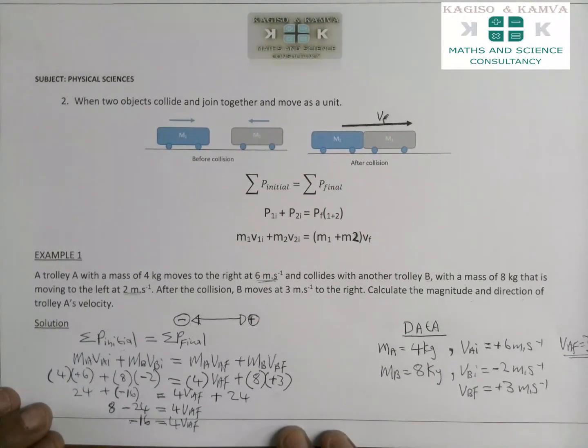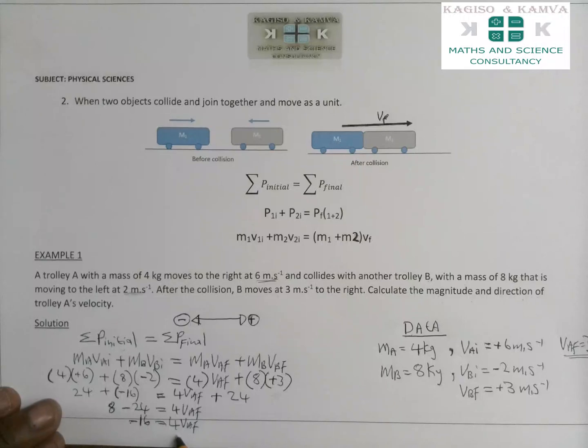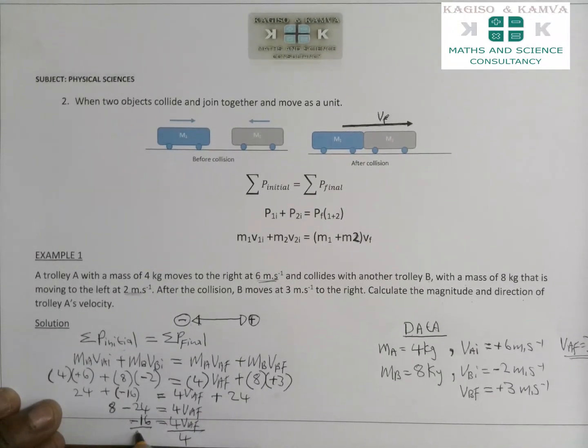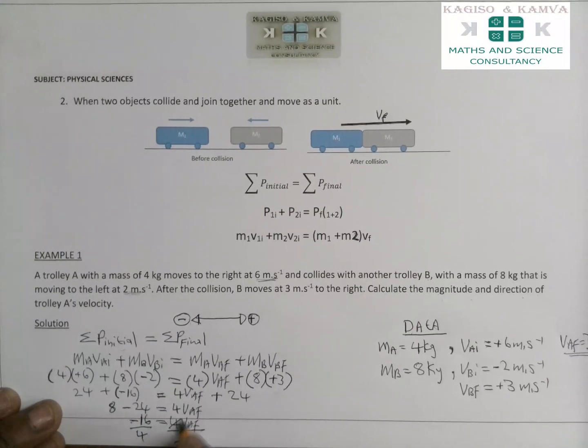And then what do we do from here? From here we have to divide both sides by 4. Dividing this by 4, dividing that by 4, this cancels that.